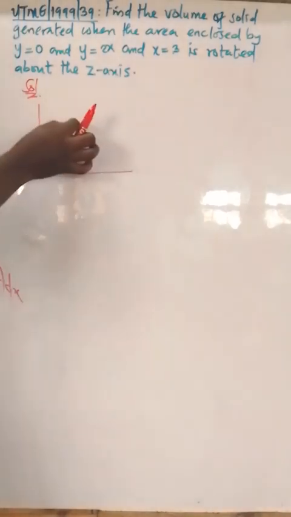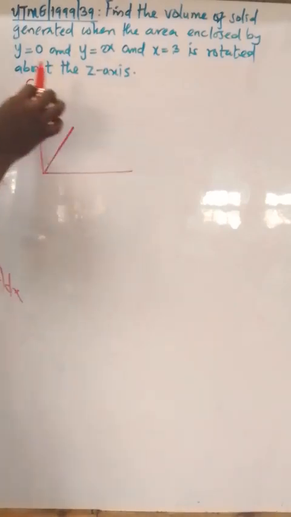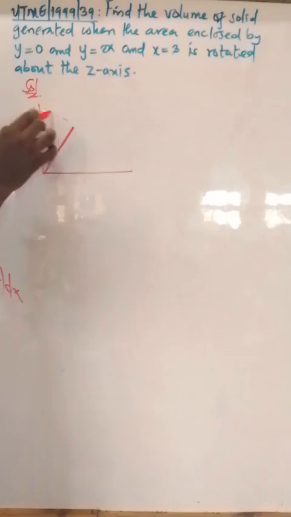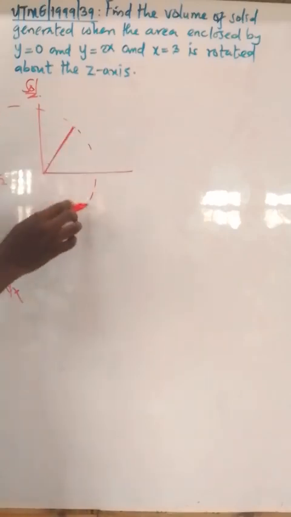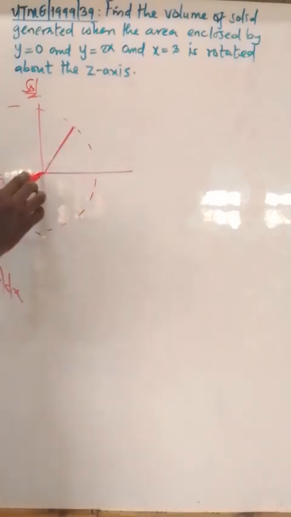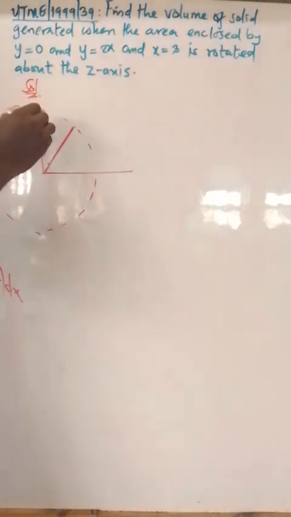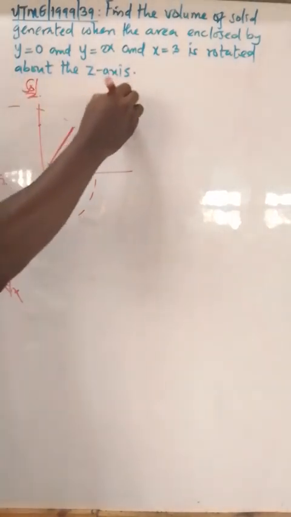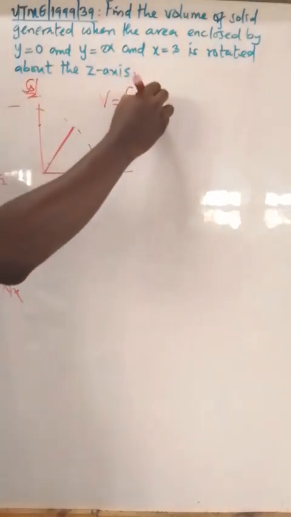Ordinarily, if we rotate this, it will give us a circle, with this y representing our radius. First, volume is the integral of the area dx.